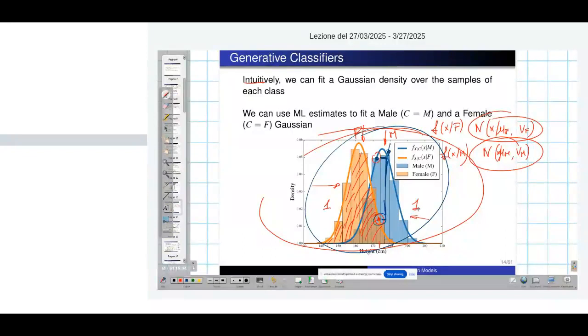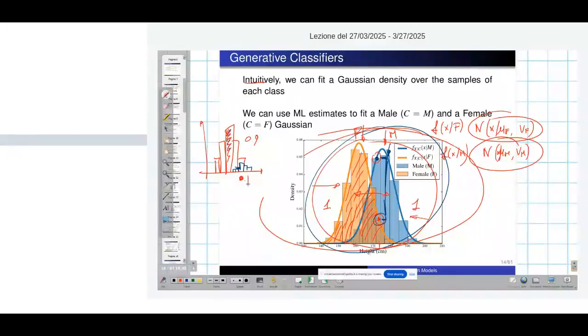But if I were to normalize the histograms so that they reflect the fraction of the population of males and females, if I have 90% females, this would be the histogram of females, and this would be the histogram of males, normalized in a way that there are 0.9 females for each 0.1 male.